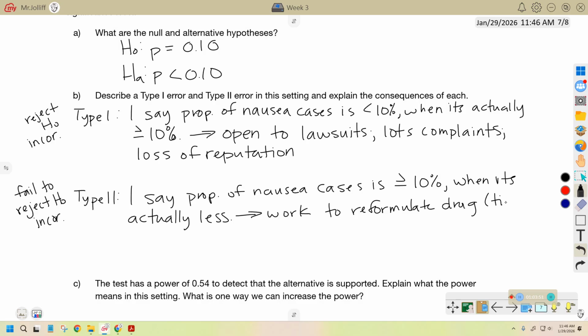Which is both time and money, right, for the company. I'm losing both time and money. That's time the drug could have been on the market where I'm making profit. That's money I'm spending on R&D.